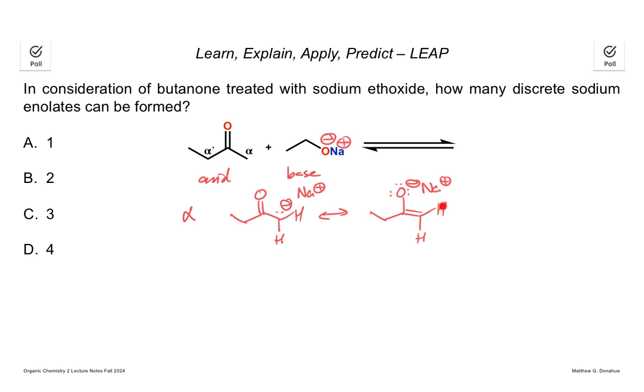So that carbon, since they're both H and H, even if you drew it the other way, you'd still get the same thing. With alpha prime, you would get two different enolates.